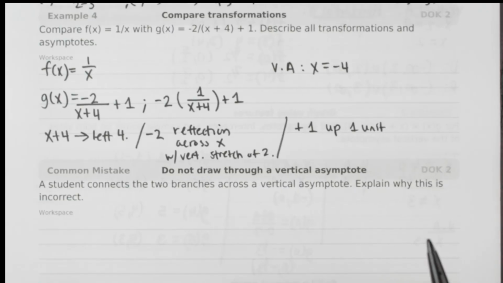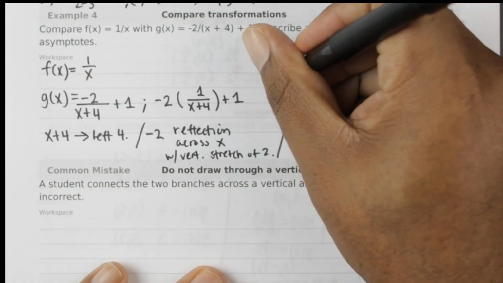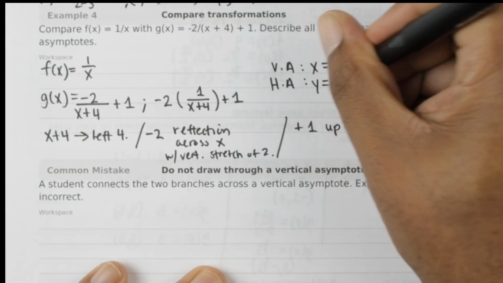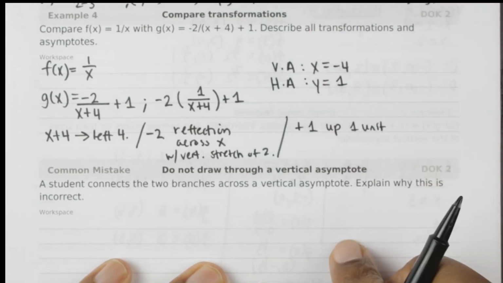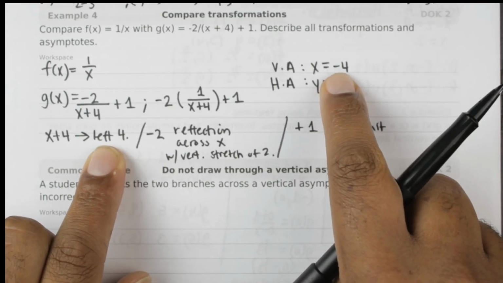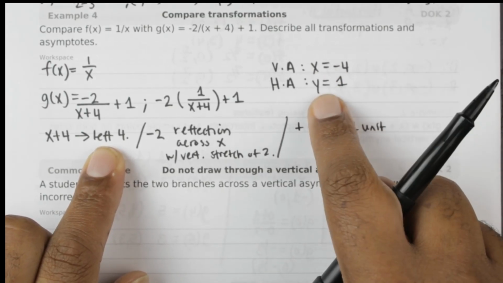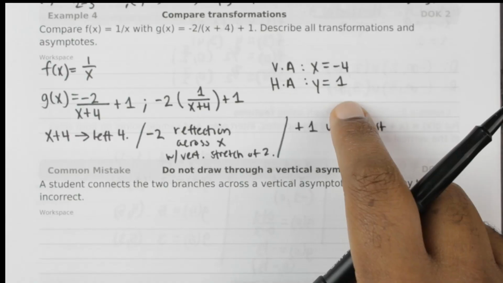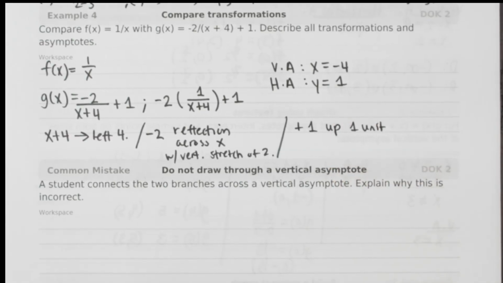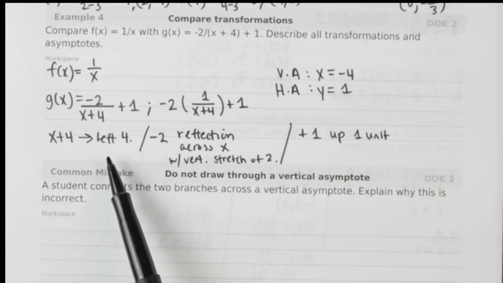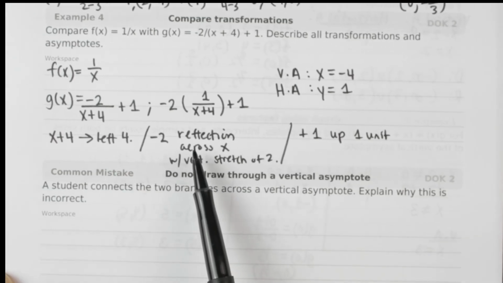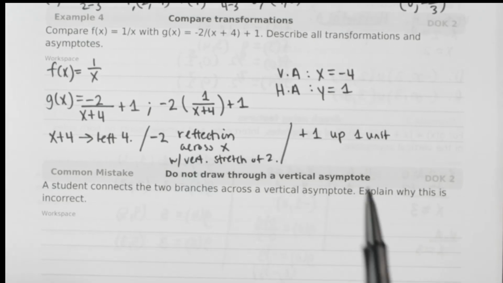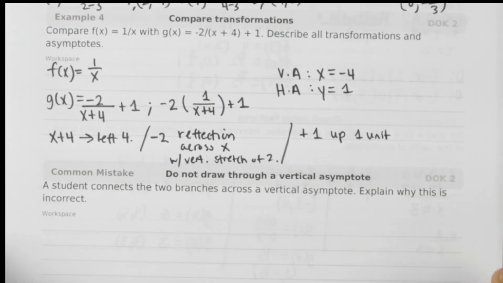That shift up 1 is going to give us a horizontal asymptote of y equals 1. So the shift left gives us a vertical asymptote of -4, and the shift up 1 gives us a horizontal asymptote of 1. So the transformations are left 4, a vertical stretch by 2, and a reflection across the x-axis. Then we're going to go up 1.